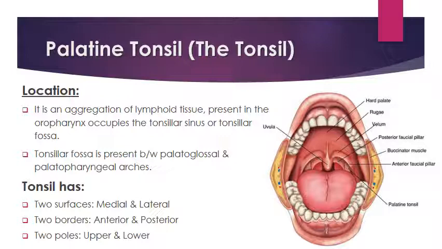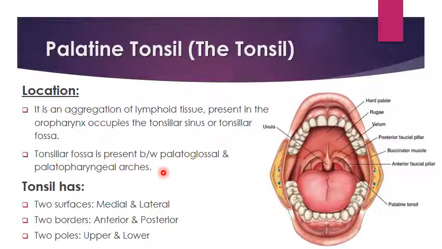First of all, the location of the palatine tonsil. These are present in the oropharynx and occupy the tonsillar sinus or tonsillar fossa. The tonsillar sinus or fossa is present between the palatoglossal and palatopharyngeal arches.